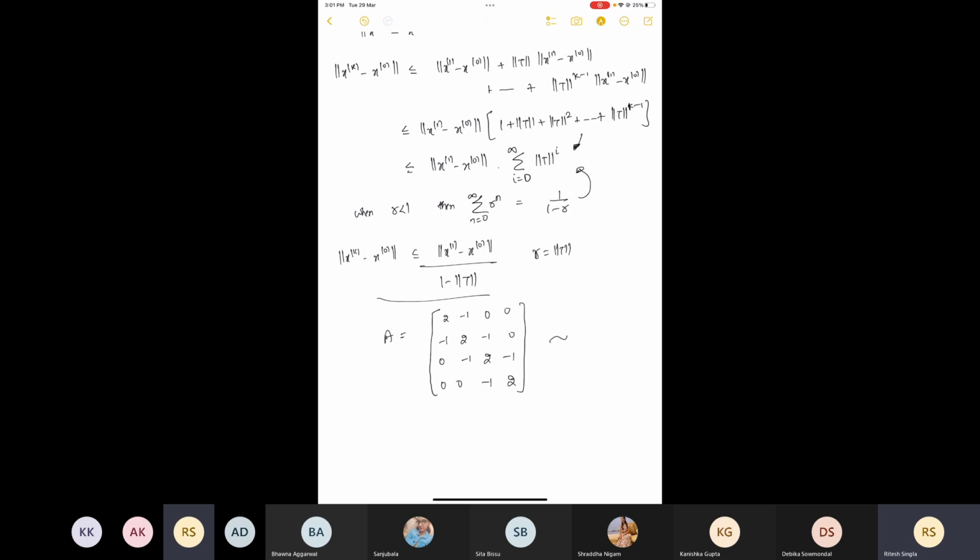You can see that this matrix is diagonally dominant because mod Aii is always greater than the sum of mod Aij, j running from 1 to n, j not equal to i, for all 1 less than or equal to i less than or equal to n. This is the condition which has been taught to you in the class also, that if a matrix is diagonally dominant, then the Gauss Jacobi and Gauss Seidel methods converge.